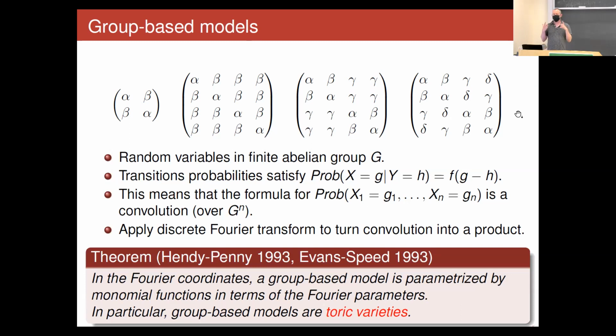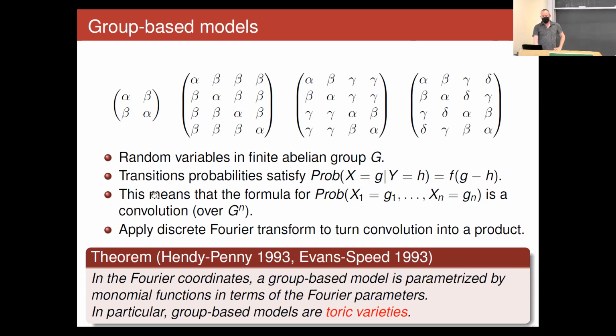And what the structure really is, besides just seeing the multiplication table of some finite group there, is that instead of the random variables just being ACGT, unstructured, you replace those with the elements of this finite group, in this case Z2 cross Z2. Then the structure that gives you this shape is that the probability of transitioning from one group element to another is just a function of the difference of those two group elements in the abelian group that you're looking at.